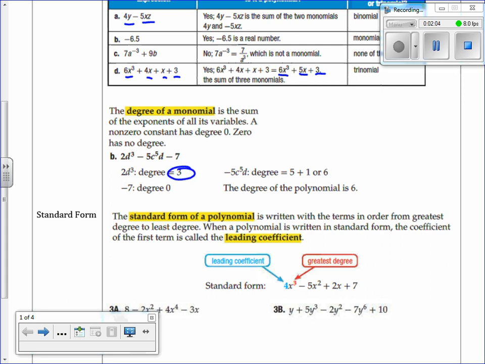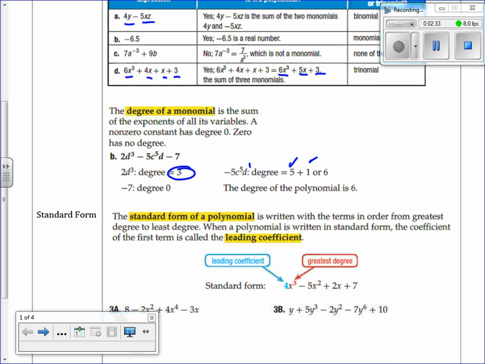Basically, it's just its exponent. Not that fancy. When I see 5c to the fifth d, the degree is the exponents of just the variables. So c has an exponent of 5, d has an understood exponent of 1, so the degree of that would be 6. Constants do not have a degree, okay? We just basically say they don't have a degree.